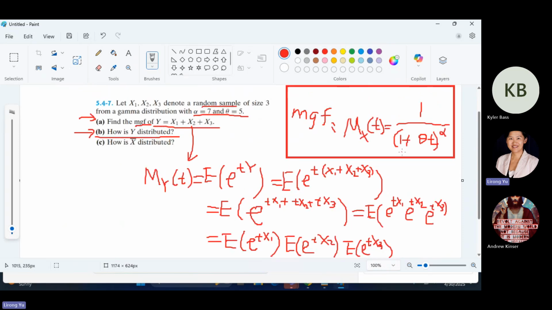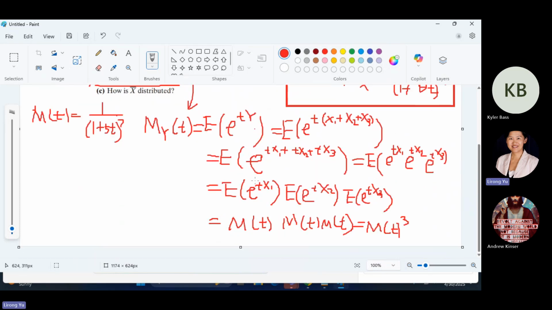Now we want to double check what our M(t) is. It's from the gamma distribution. So M(t) is equal to 1 over (1 plus 5t) to the power 7. That's M(t), right? And we're going to raise this to the power 3.